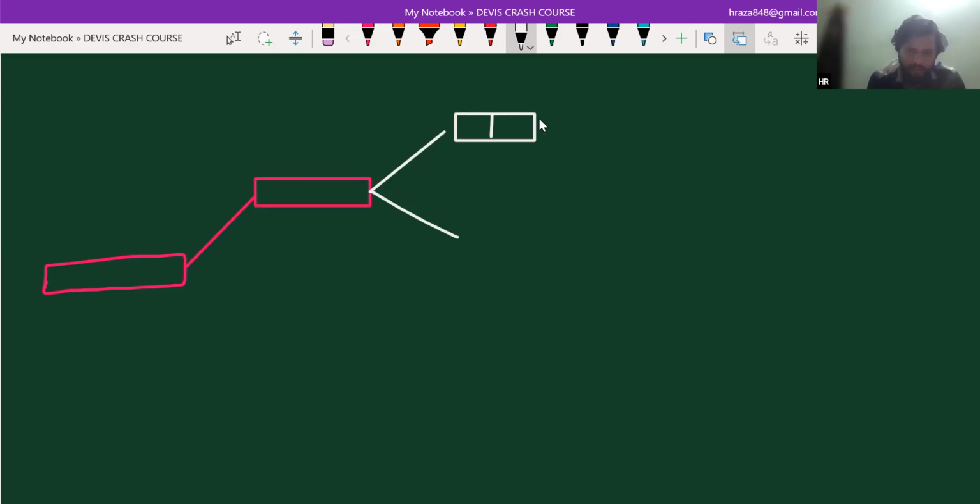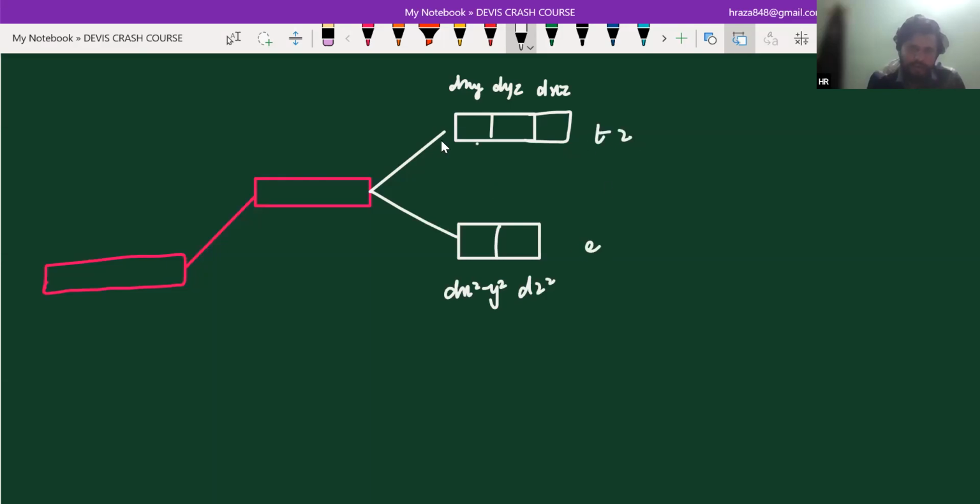This has basically three parts in it: dxy, dyz, and dxz, and the lower part will be dx square minus y square and dz square. And this is your E, and this is your T2, and this is the barycenter that we just studied.